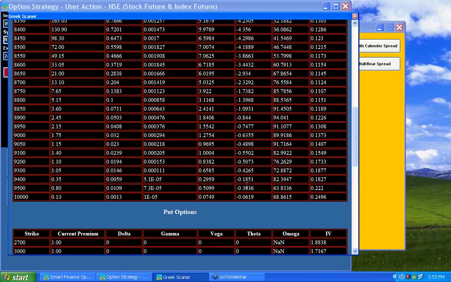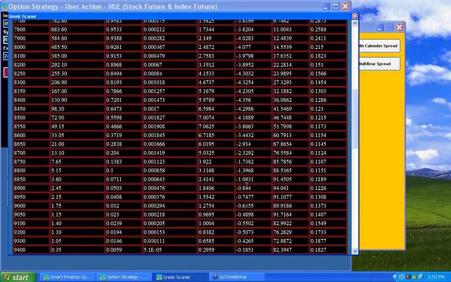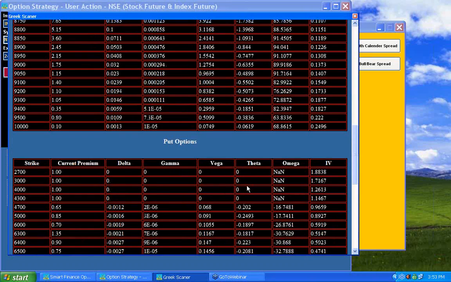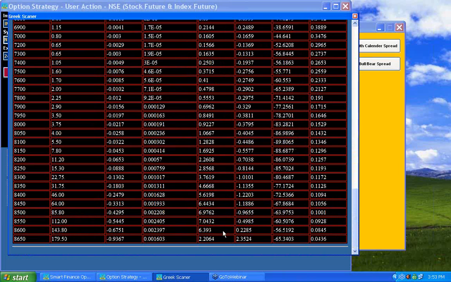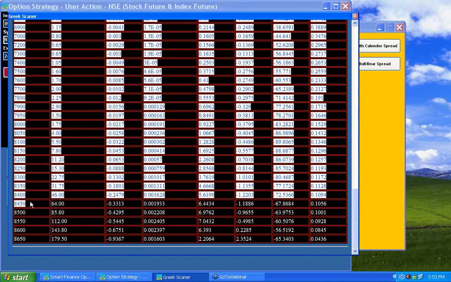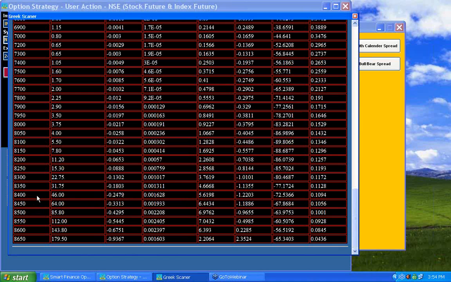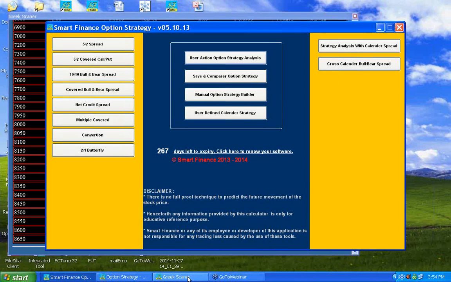Suppose I want to form a delta neutral with future long in the Nifty, then I need one put option. Nifty is around 8,500. I am getting that, yes, the 8,450 put option or 8,400 put option has a delta of minus 0.2479. Suppose I want to form delta 0, I'll go along in this order.